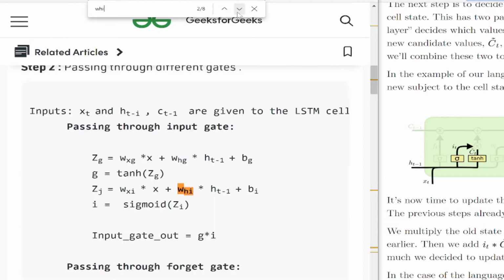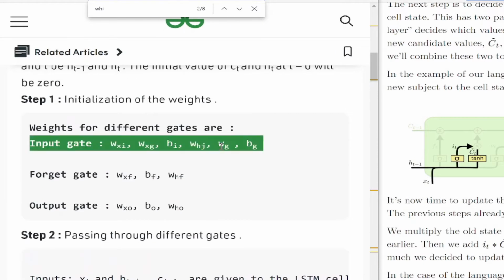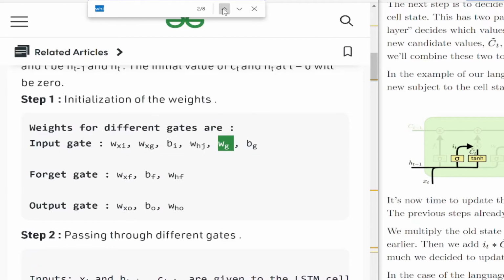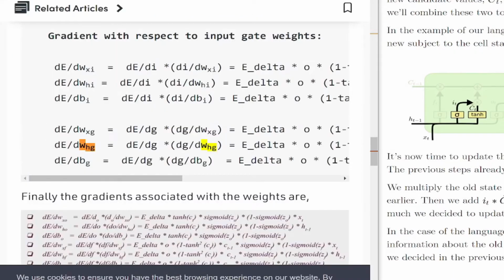Okay, that makes so much sense to me. And this is not supposed to be WG, it's supposed to be WHG. That makes sense because there are values for it. Okay, so I'm not going crazy. I understand this. Let's keep going. It scared me for a second.